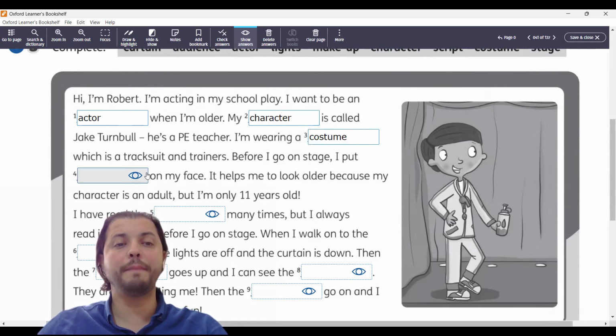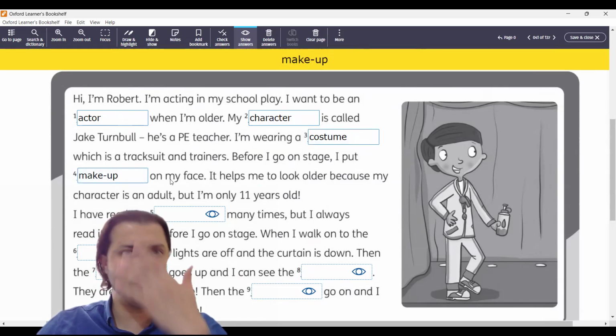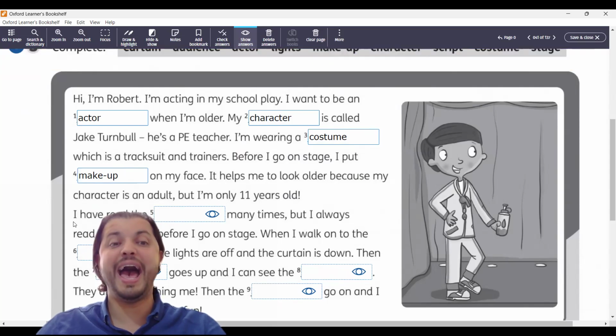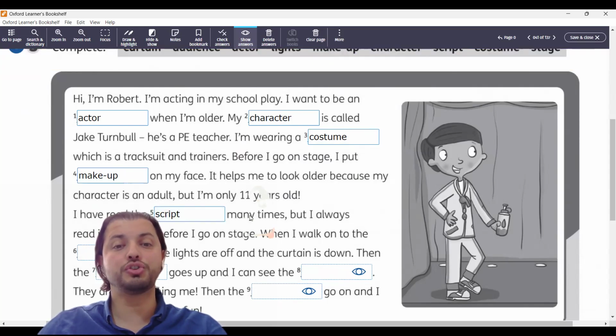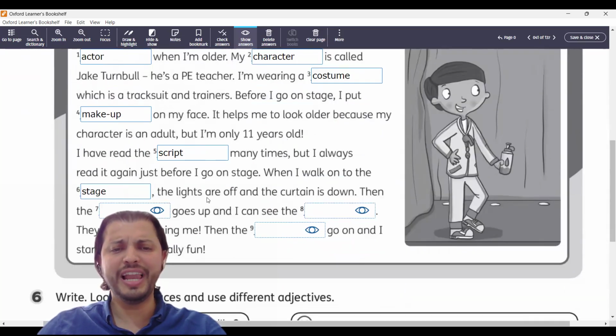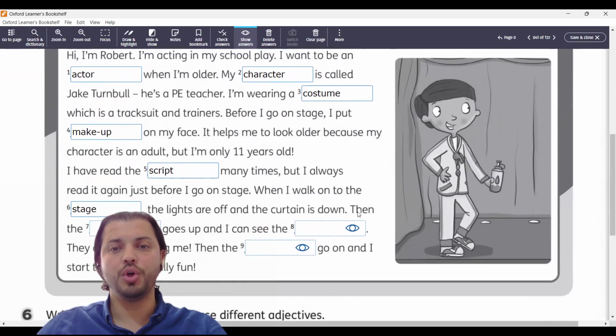Before I go on stage, I put makeup on my face. It helps me to look older because my character is an adult, but I'm only 11 years old. I have read the script many times, but I always read it again just before I go on stage. When I walk on the stage, the lights are off and the curtains are down.